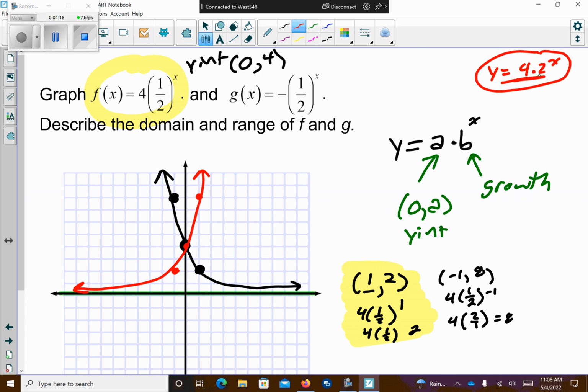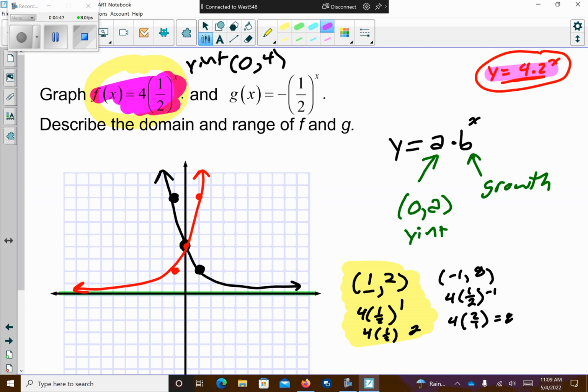What's the difference between that 4 times 2 raised to the x and the one that we just graphed that's circled in yellow? What's different? It's going to negative infinity. I like it. Okay. But if you look at just the equation itself, so let's take a look at this and this.